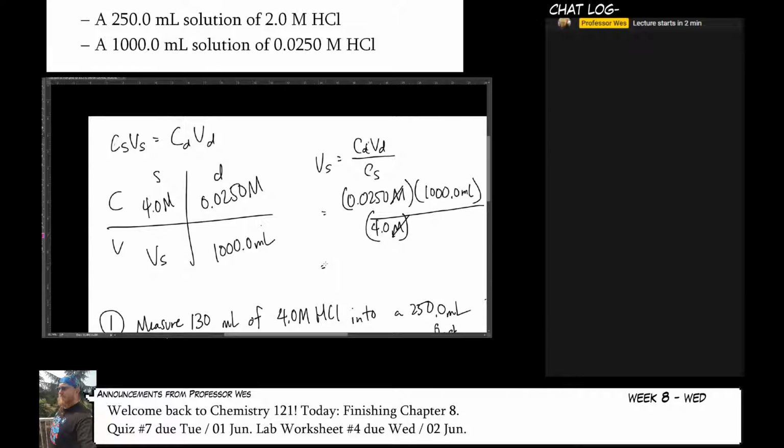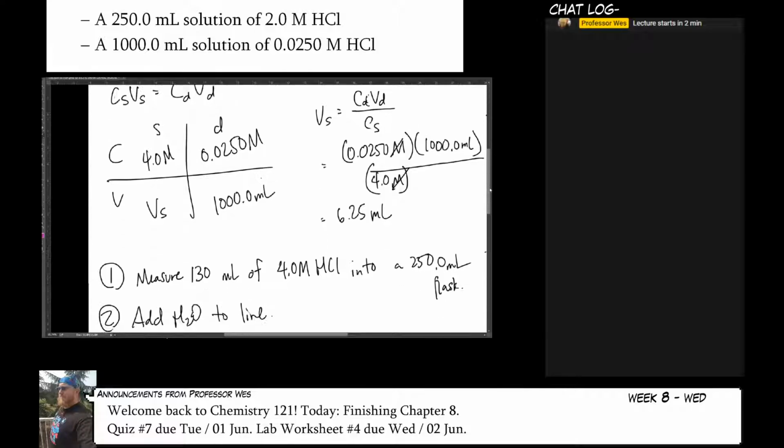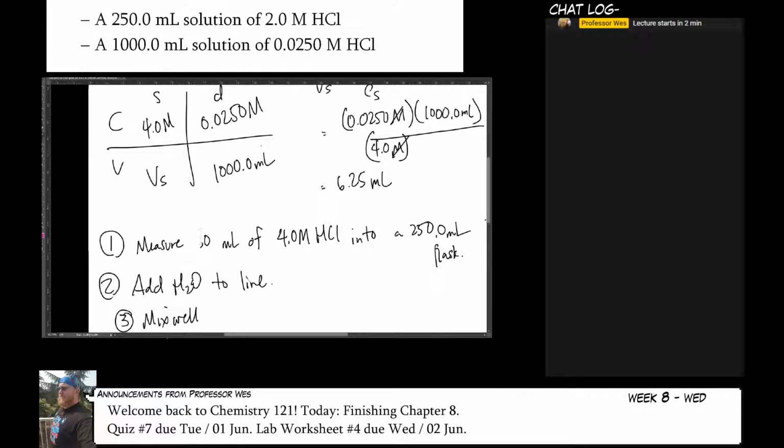And I can't do that one in my head. So 0.0250 times 1,000 divided by 4. And look at that, we get the same number as before for the first one. So our procedure will change slightly to that. And now we want to put this in a 1,000 milliliter flask, and that procedure is good for number 3.